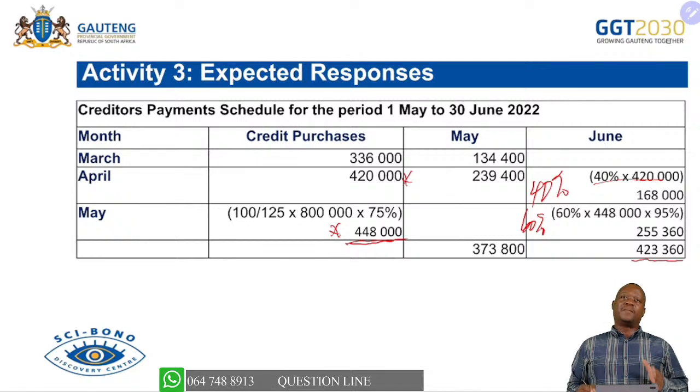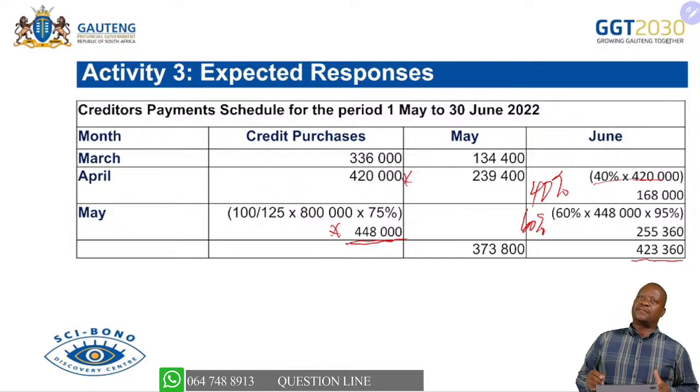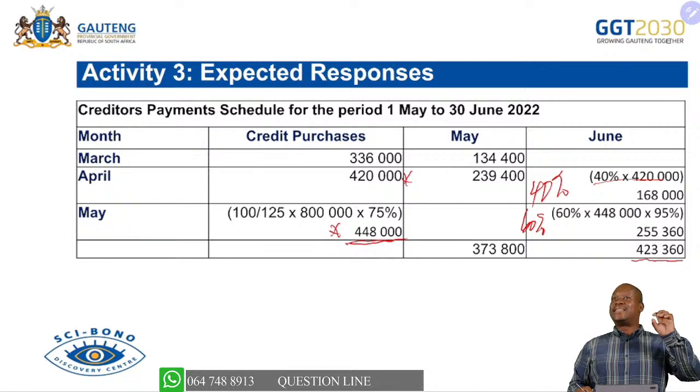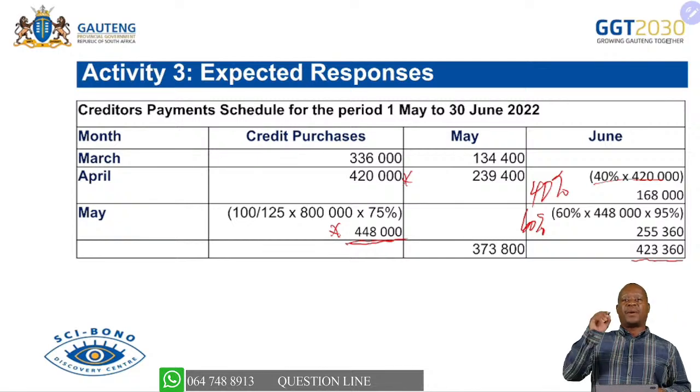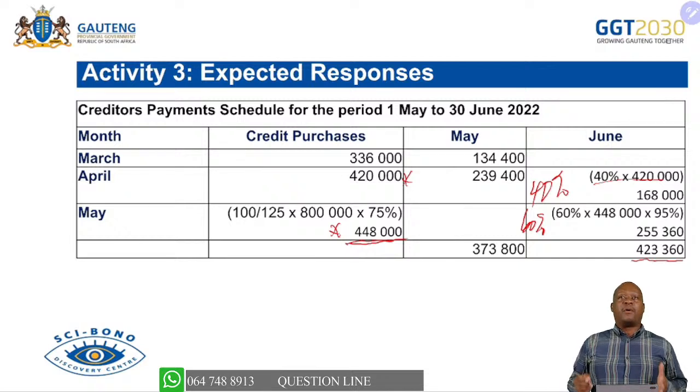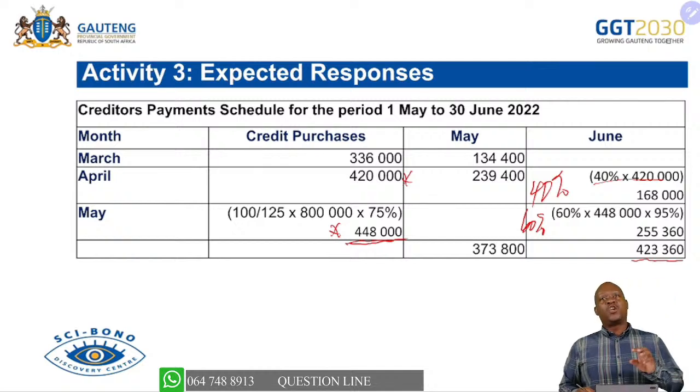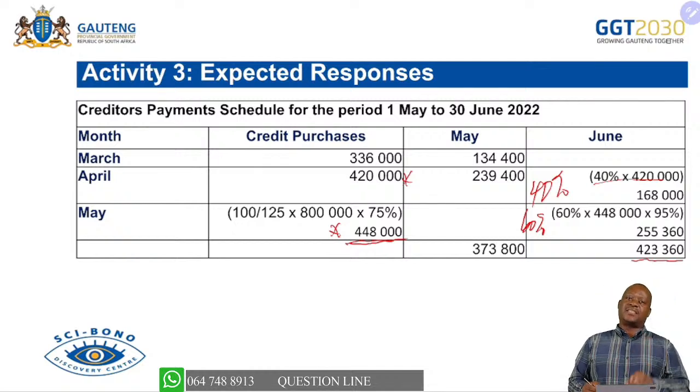So you can see there is not much that separates the preparation of a debtor's collection schedule from the preparation of a creditor's payment schedule. What you need in both is to know your credit sales or your credit purchases. But when it comes to the credit purchases part, you need to know the relationship that exists between sales and cost of sales, which is the same relationship that exists between sales and purchases.